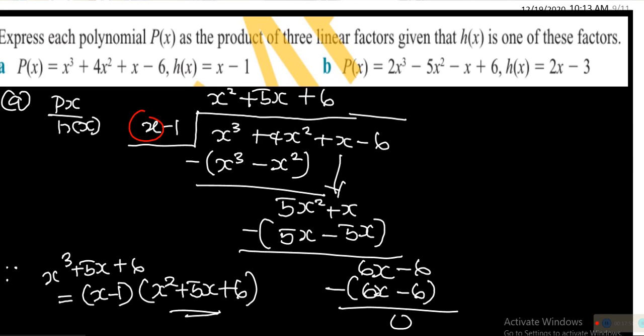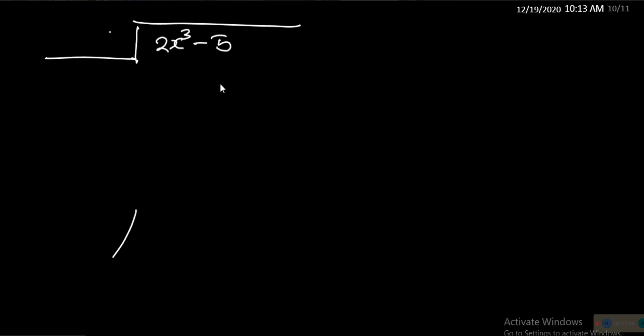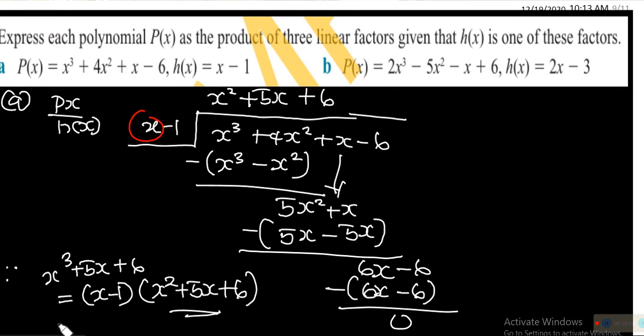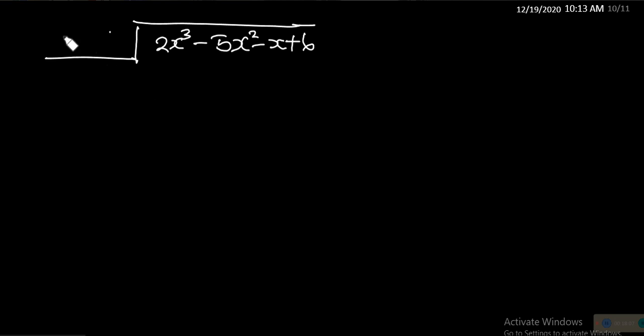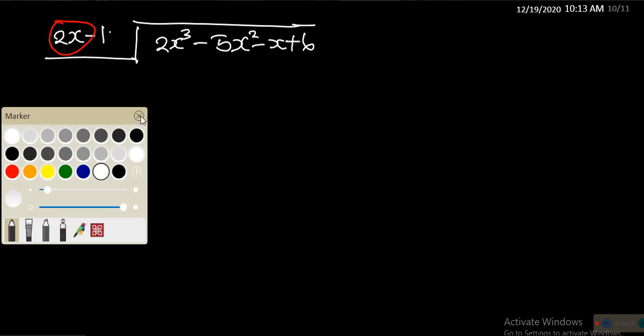So inside our division, we are going to have 2x cubed minus 5x squared minus x plus 6, and the divisor h of x is 2x minus 3. So we have 2x minus 3. So our divisor here is going to be this, and then let us see how we can divide.